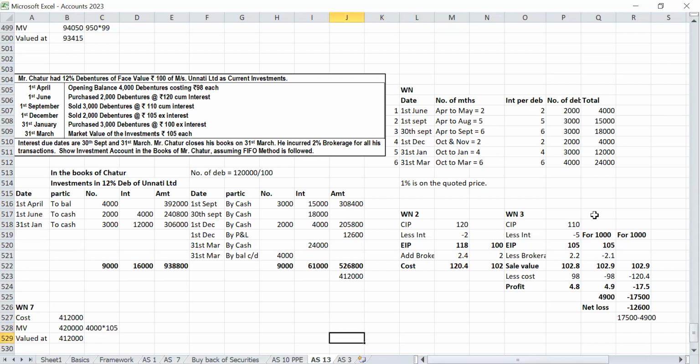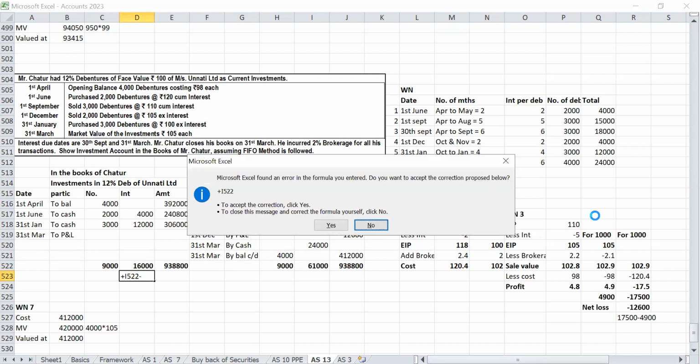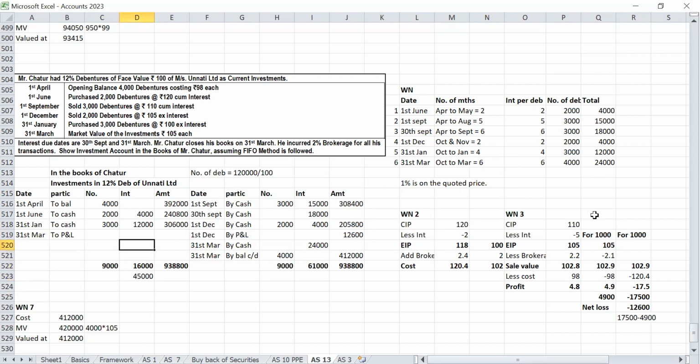So value at cost, 4,12,000. 4,12,000 valued. Then this to P&L account on 31st March. Interest is 45,000, balancing figure, that 45,000 transferred. Super.